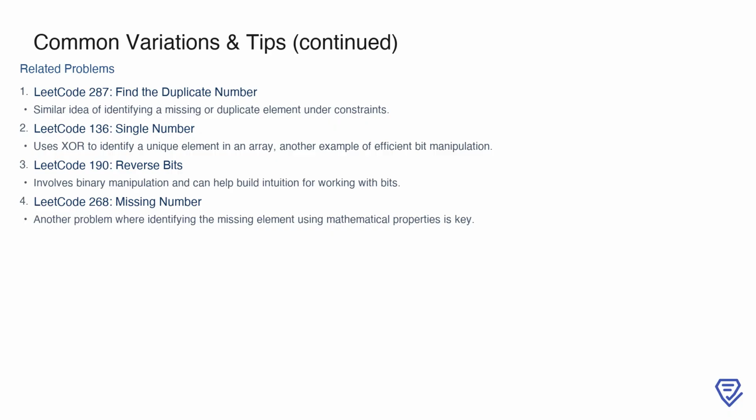LeetCode 190, Reverse Bits, is also worth exploring. It involves binary manipulation, which can build your intuition for working with bits in general. Lastly, LeetCode 268, Missing Number, is highly related, as it focuses on identifying a missing element using mathematical properties. Practicing these problems will strengthen your problem-solving skills for scenarios involving binary strings and missing elements.